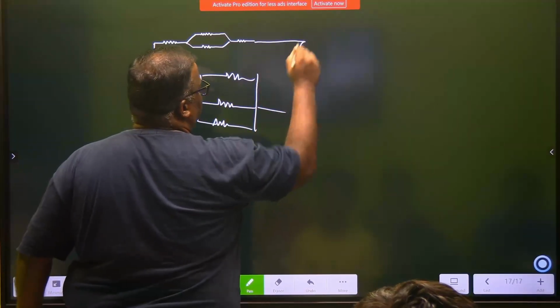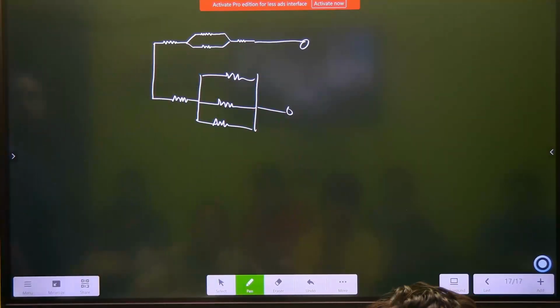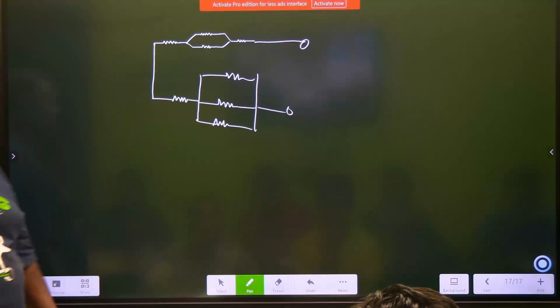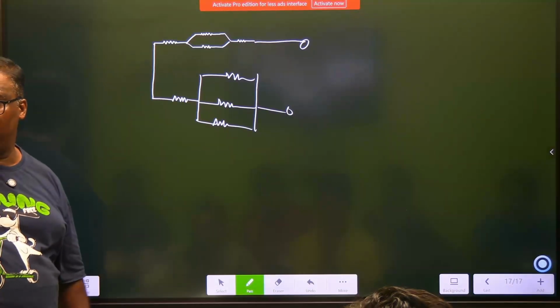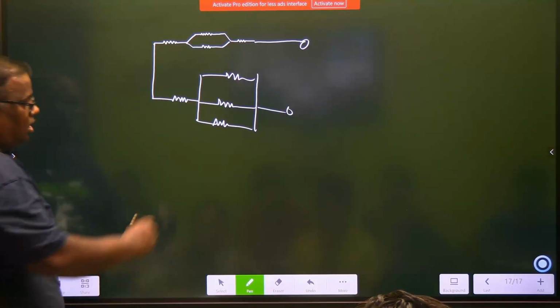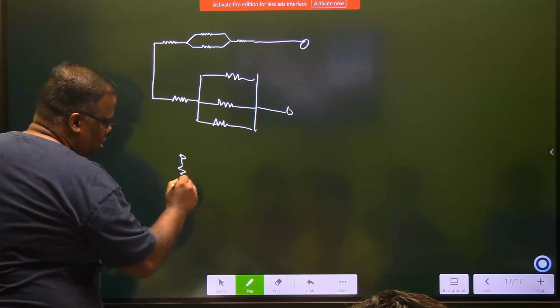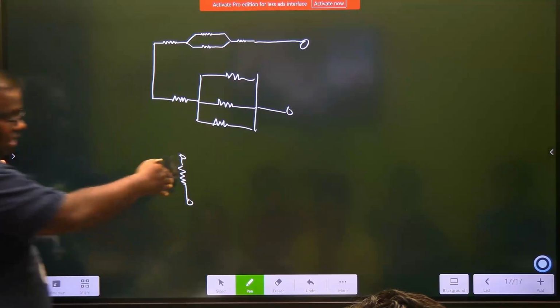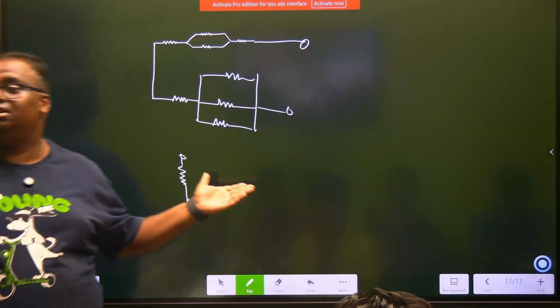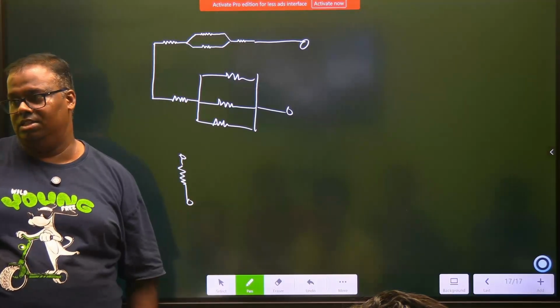Some boy has designed a circuit like this and it is perfectly working, but we want a small miniature component. I say I don't want all this, I just want one resistor. Finish all this paraphernalia and show it in one. This is the challenge of any electrical engineer.